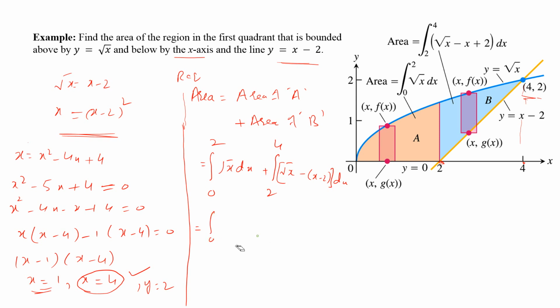From 0 to 2, this is x to the power 1 by 2 plus 1, divided by 1 by 2 plus 1, from 0 to 2, and plus again x to the power 3 by 2, 1 by 2 plus 1 is 3 by 2, minus x squared by 2 plus 2x, from 2 to 4.